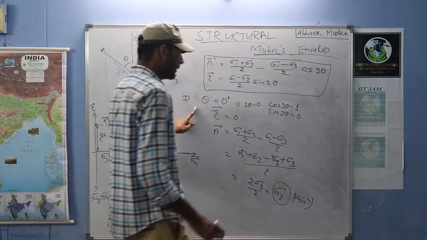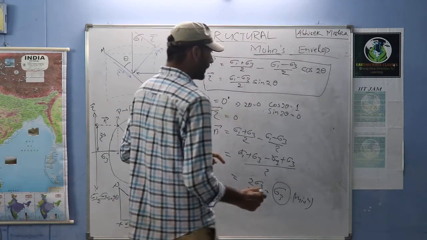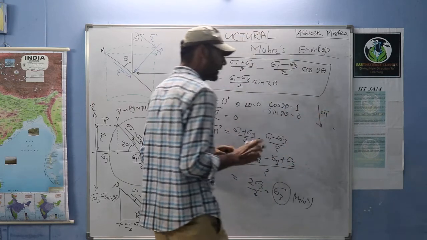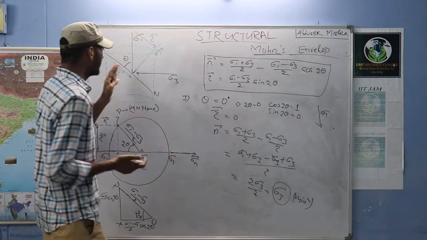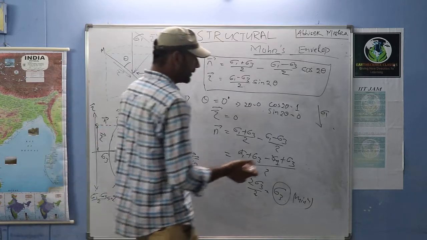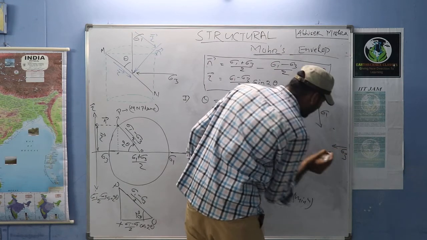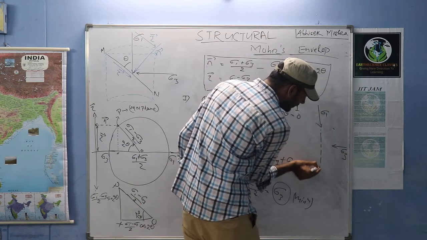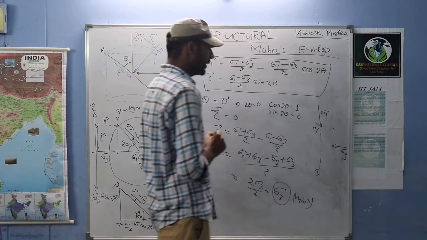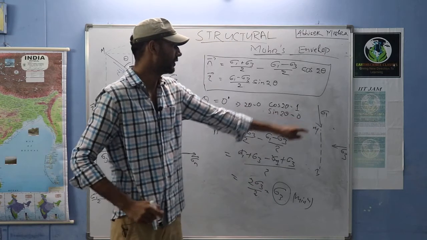Okay. Or let's do the diagram. When theta is equal to 0 degree, this is sigma 1. As I have told, in my case theta is the angle between sigma 1 and the plane itself, right? So this is sigma 1, this will be sigma 3. Now the plane is here. Okay, so you can see theta is equal to 0 degree here.